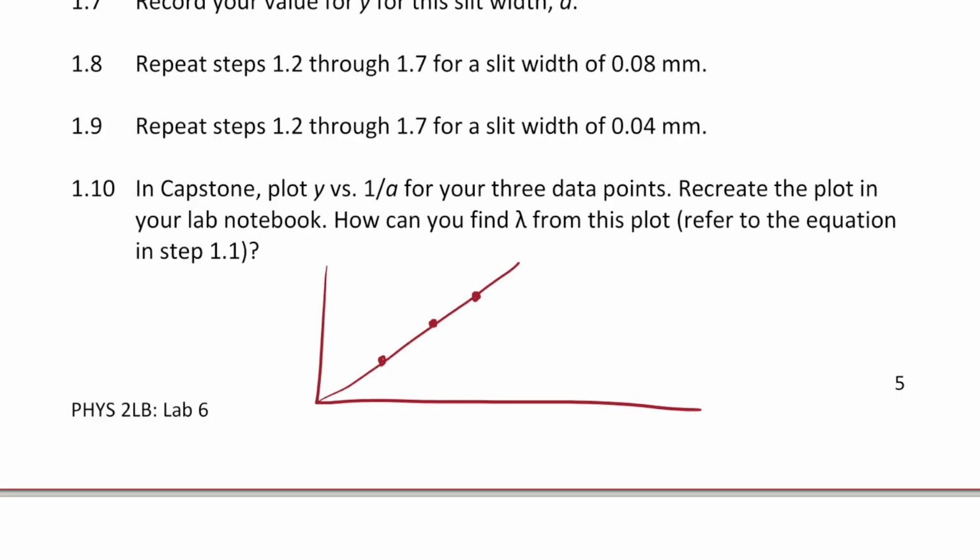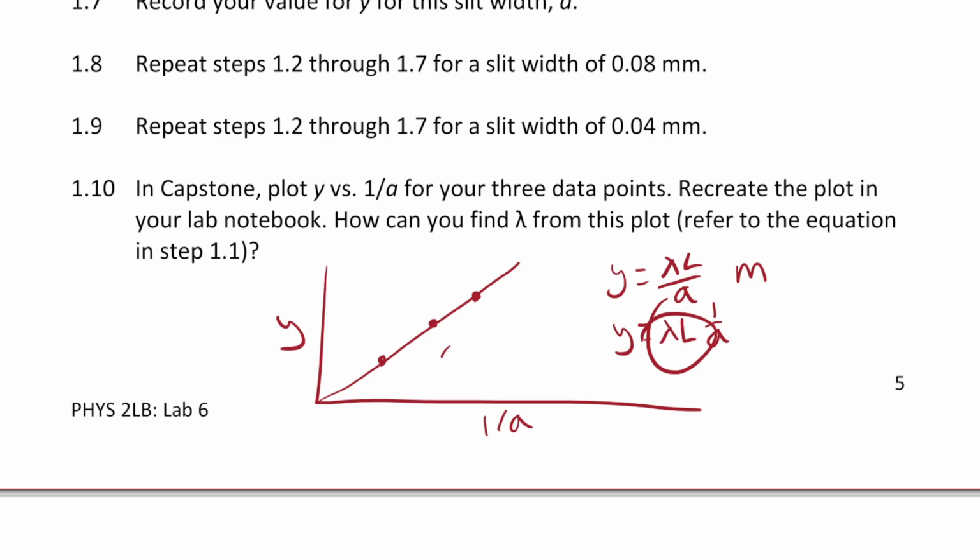And then from the equation, we have y equals lambda L over A. So if we're plotting y versus 1 over A, then y equals lambda L times 1 over A tells us that whatever this coefficient is, our m.